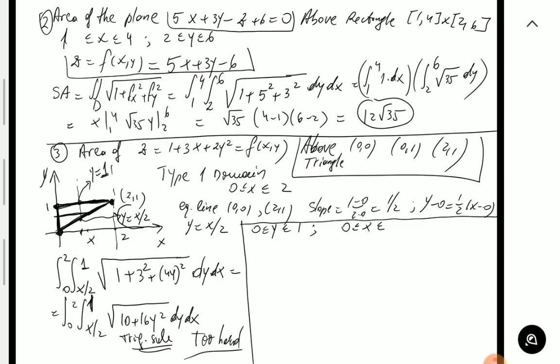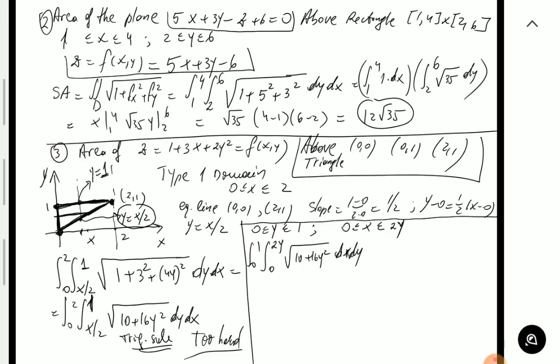Going back to the equation of the line, x in terms of y is going to be 2y. So the same integral now is going to be from 0 to 1, and then from 0 to 2y, same stuff to integrate, the square root of 10 plus 16y squared, dx dy now.